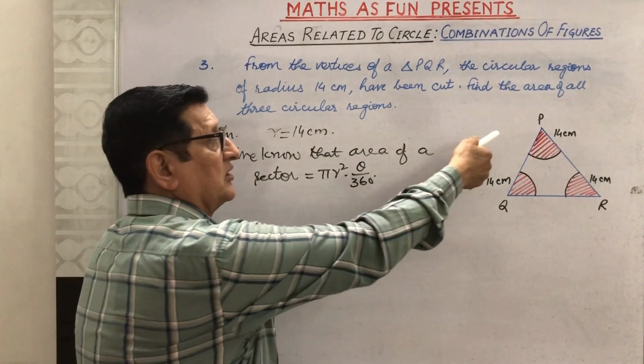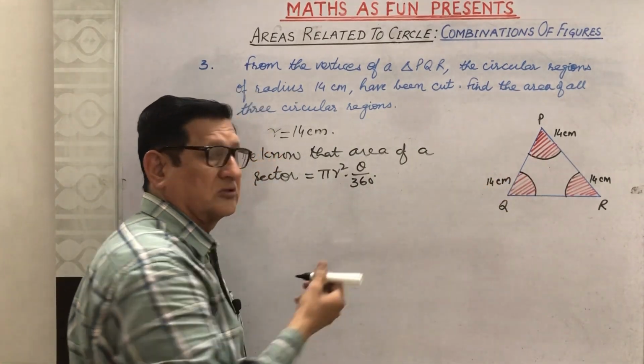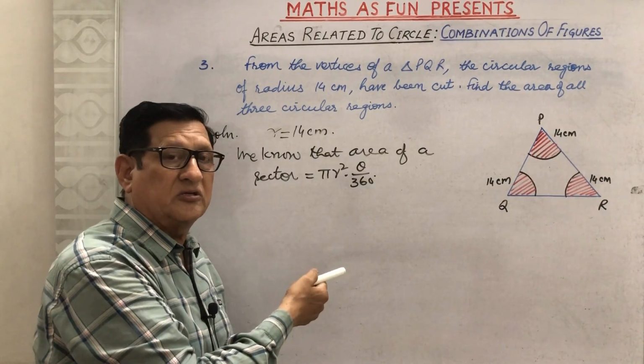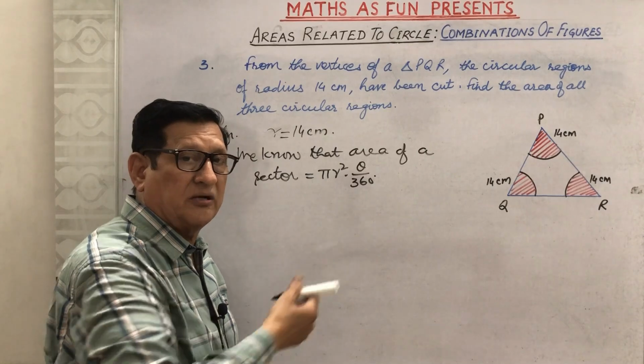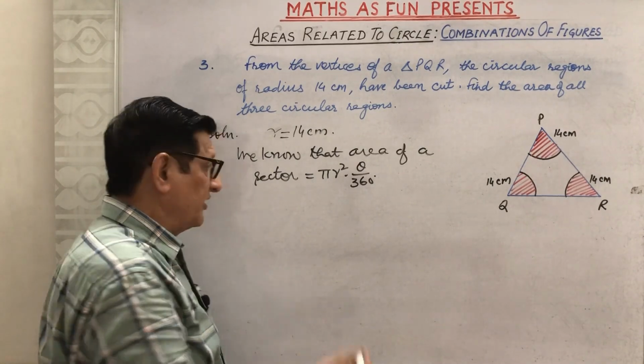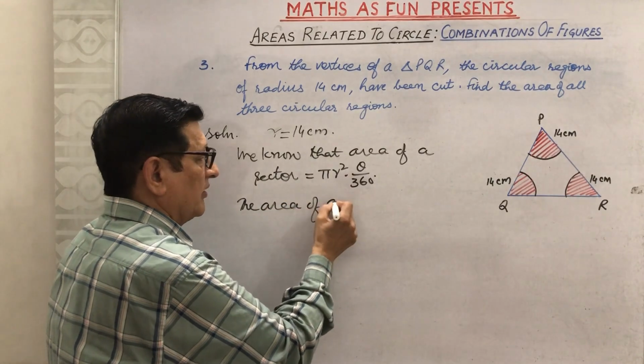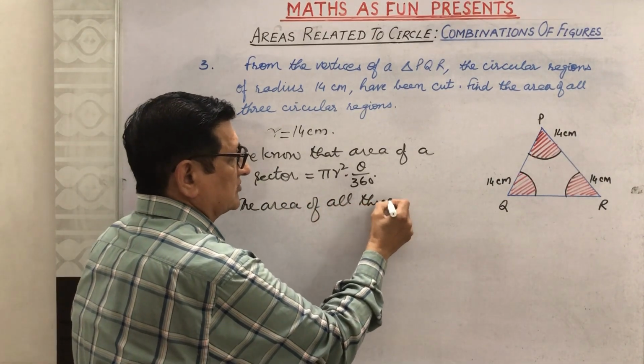So we can find the area of all these 3 sectors together, because the radii of each part are the same.